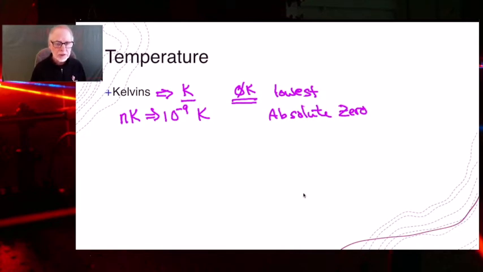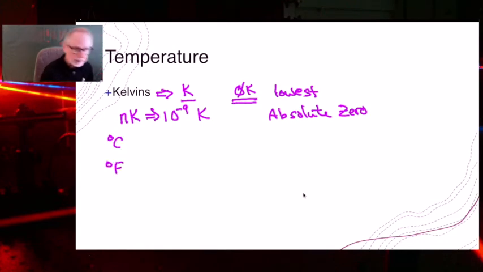All right, so that's the Kelvin scale that we'll be using, and that compares to other scales of degrees Celsius and, of course, degrees Fahrenheit. But again, the Kelvin scale is going to be the temperature scale that we're using in our calculations associated with thermodynamic properties.